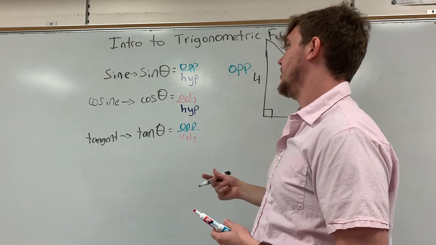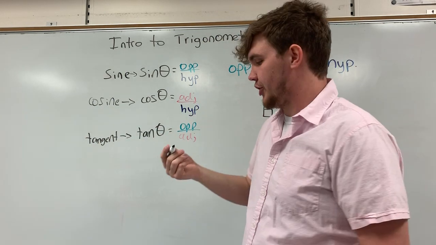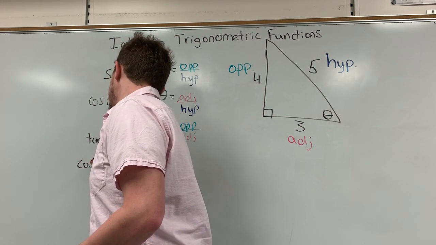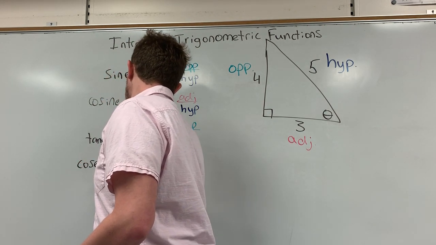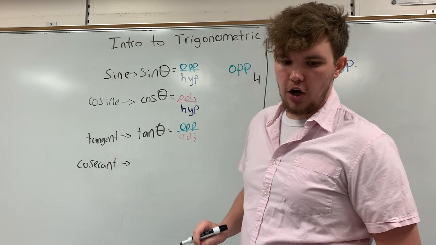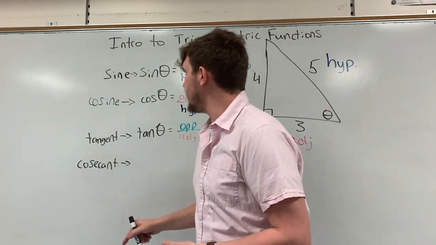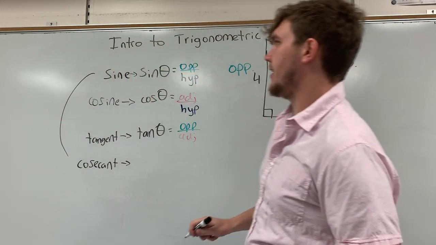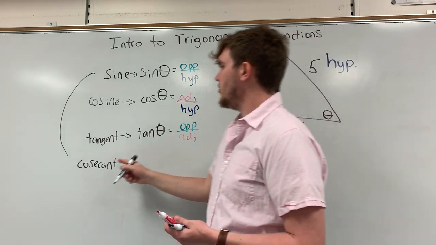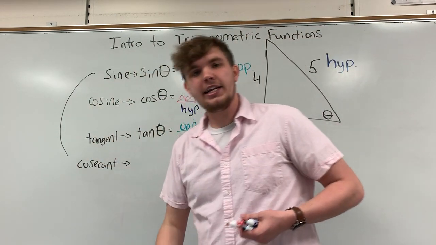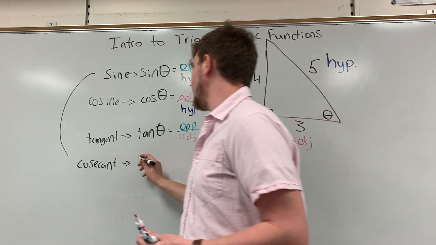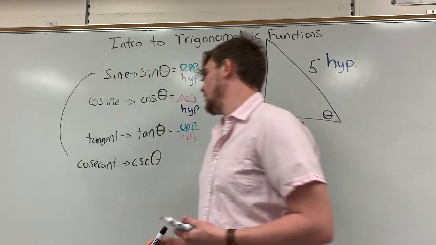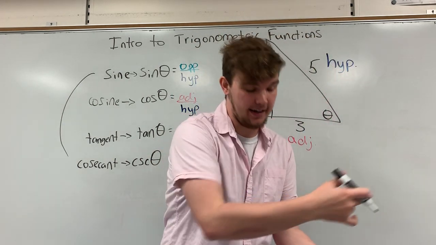Now, the first reciprocal trig function is called cosecant. The cosecant is really similar to the sine, and cosecant is always abbreviated as CSC of theta, the cosecant of angle theta.